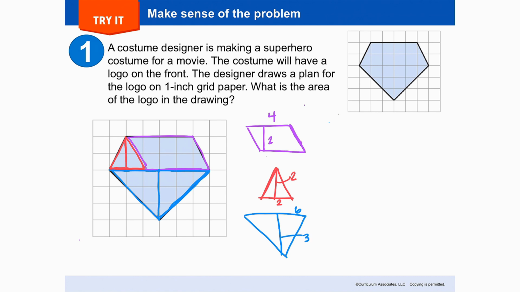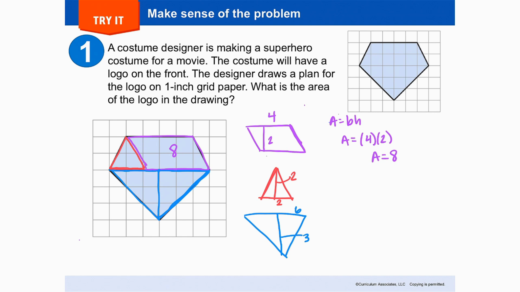Now I'm ready to go ahead and solve the area using the formulas. I'm going to start with my parallelogram: area equals base times height. So I'm just going to put those values in there. My base is 4, my height is 2, 4 times 2 is 8. So this guy is worth 8.